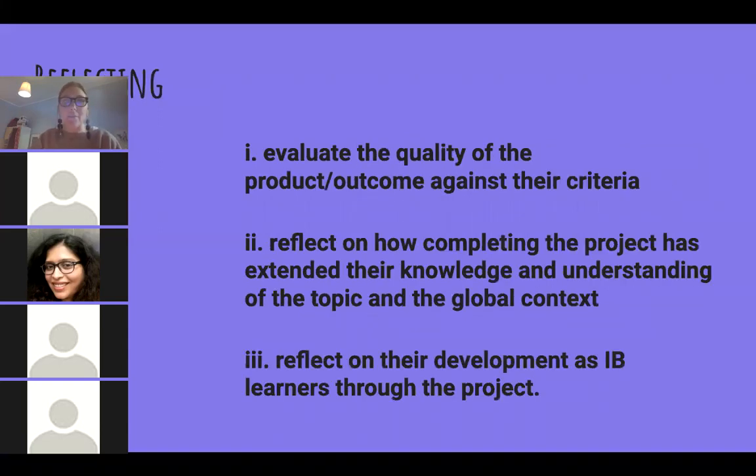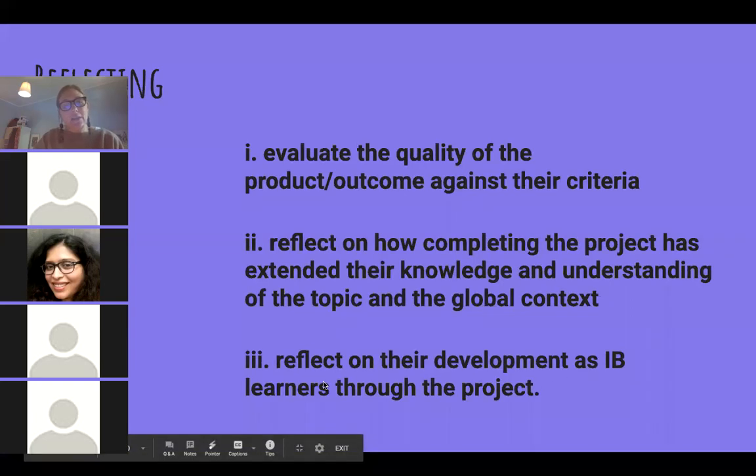Reflecting, they evaluate, so they use their success criteria that they created in order to evaluate their product or their outcome. What is the level that they think that it should be, and why? They have to reflect on how they extended their knowledge of their topic, right? Remember we talked about knowledge and the global context. What do they know now that they didn't know when they started? And then they talk about themselves as an IB learner.